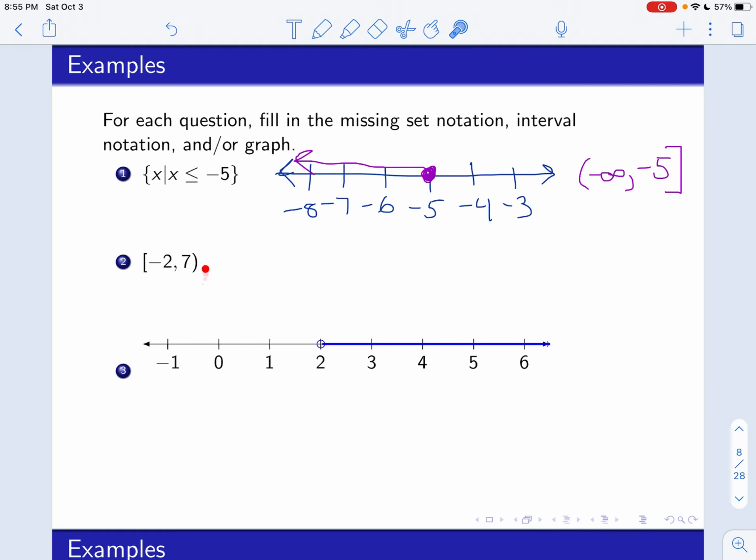All right, next one. I've got square bracket negative 2 to 7. So if I wanted to draw that on a number line, that means I need to be sure that I have all the numbers from negative 2 to 7. Means I might need to make my number line a little bit longer.